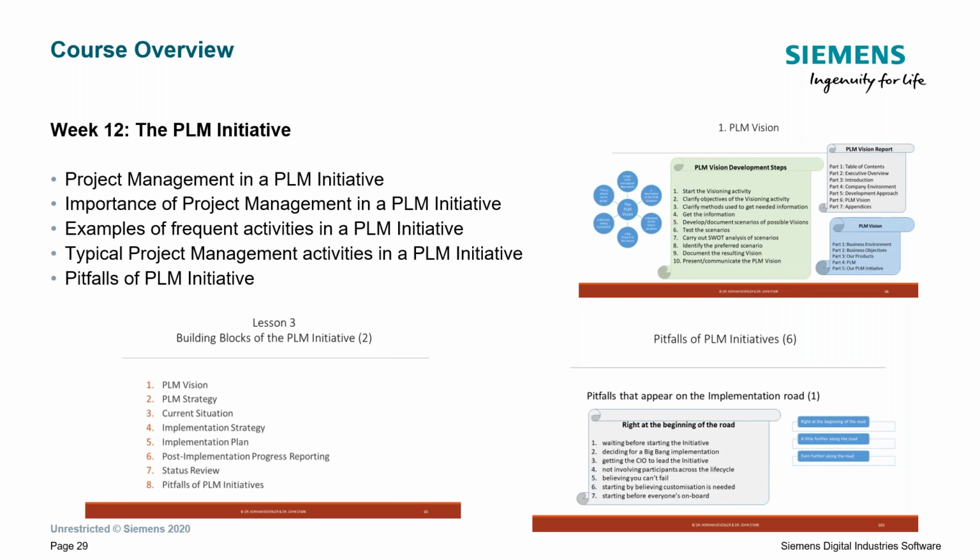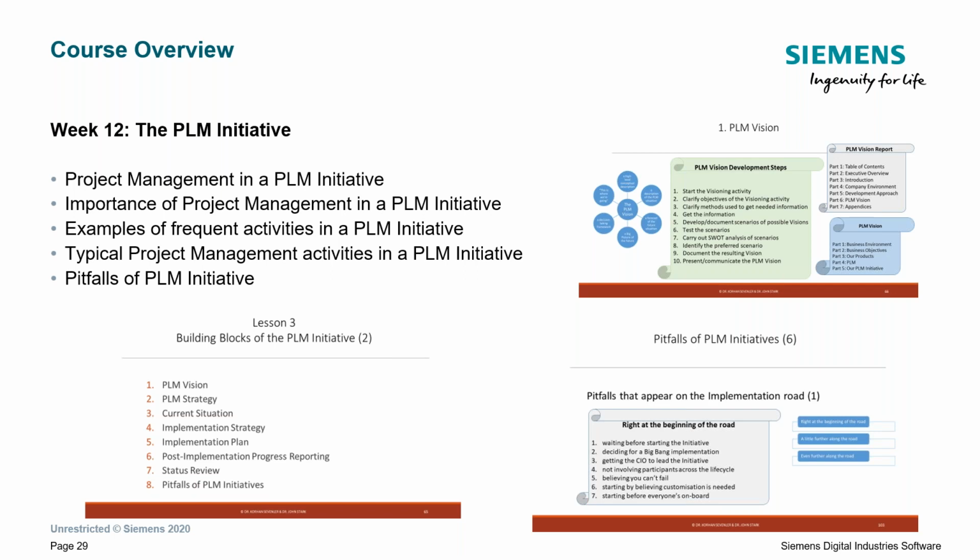This one is about the initiative, going through the different steps. The slide at the bottom left is talking about the building blocks. So companies might develop a PLM strategy. They will describe their current situation, what they have in the way of data and systems and processes, and they'll develop a strategy and a plan.